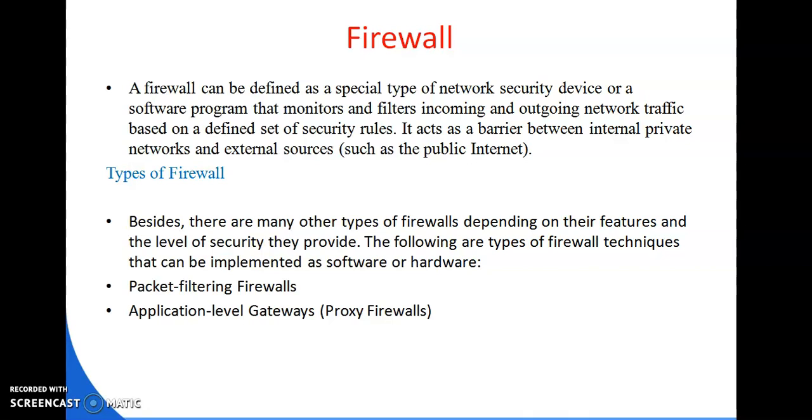Next, these are the types of firewall. Besides these, there are many other types of firewalls depending on their features. These are packet filtering firewalls and application level gateways, or proxy firewalls.